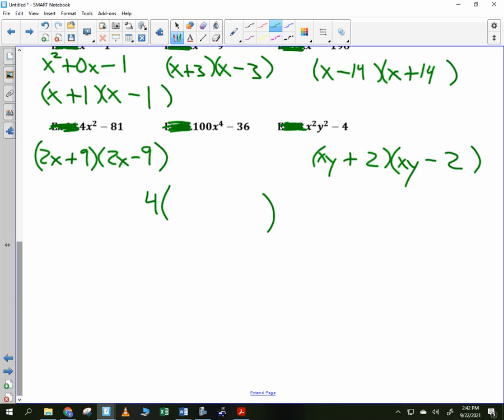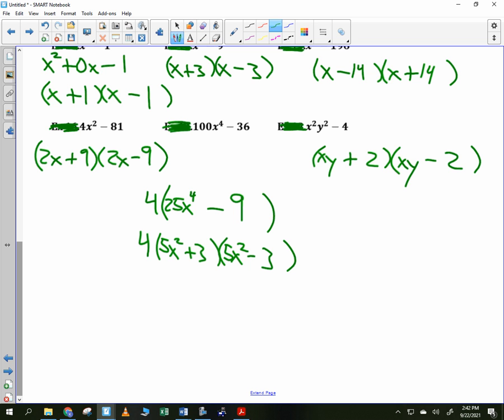If you take out 4, what are you left with? 25x to the fourth minus 9. Are 25x to the fourth and 9 both perfect squares? Yes. So they will factor to the following. 5x squared and 5x squared, and then what? Plus 3, minus 3.